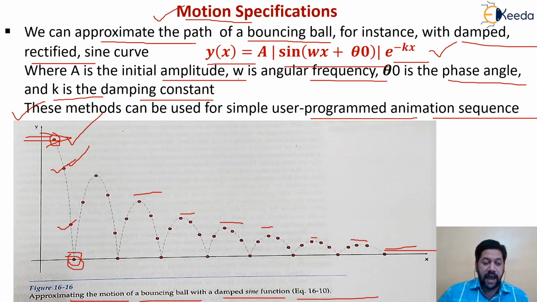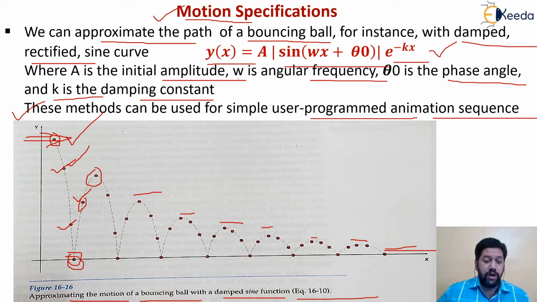Again, I cannot show this directly to this, so I have to add one more frame so that the ball is moving up in this direction. I have to apply all this judgment whenever I show motion.